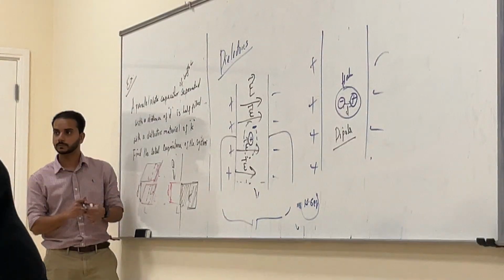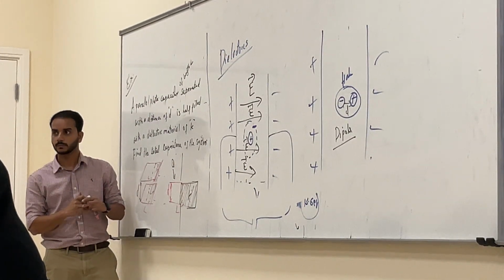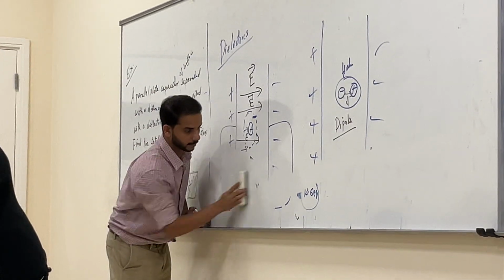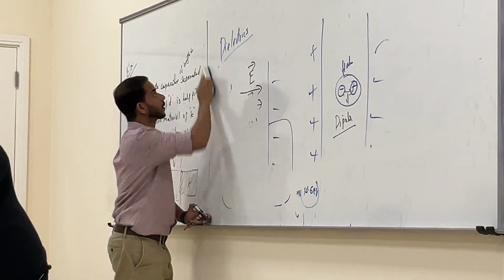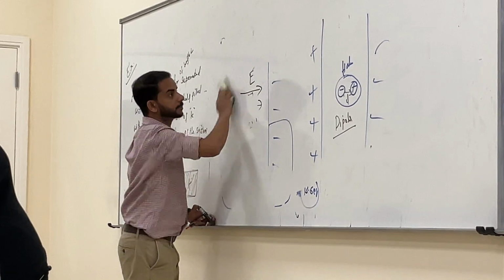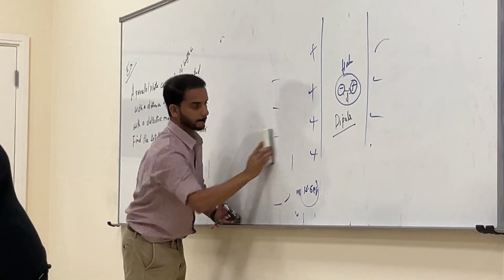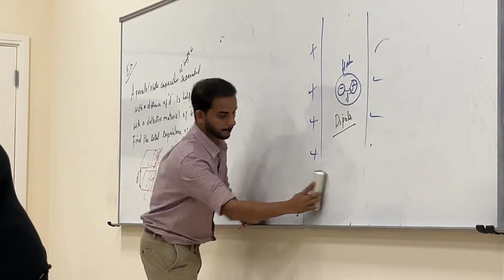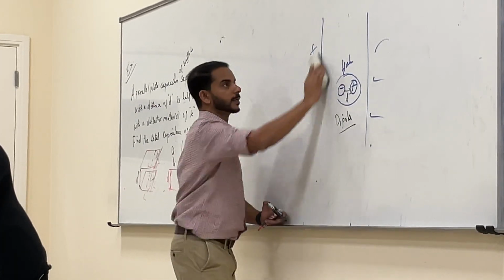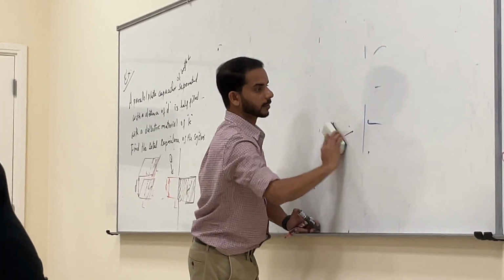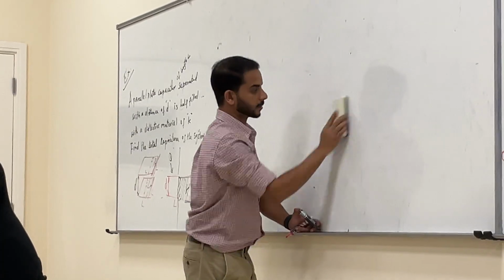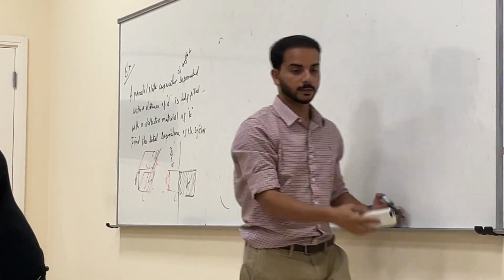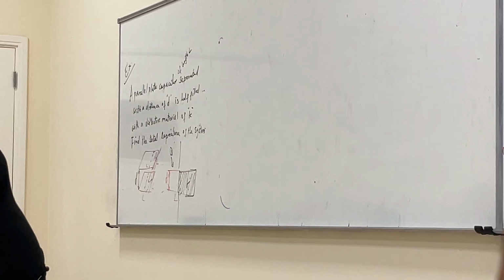You can just assume the area is L squared, or just take the total area as A, and half of the part is A by 2, or you can assume anything.